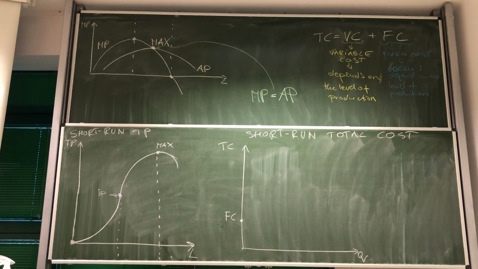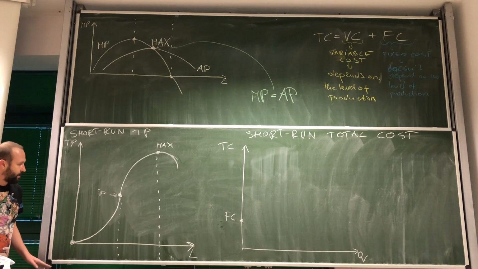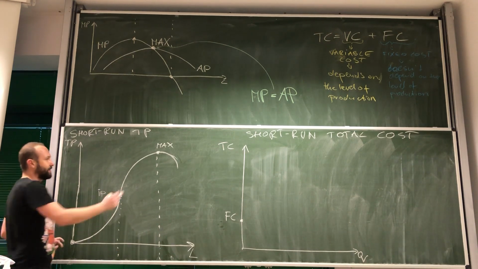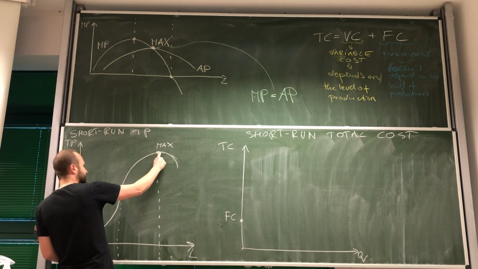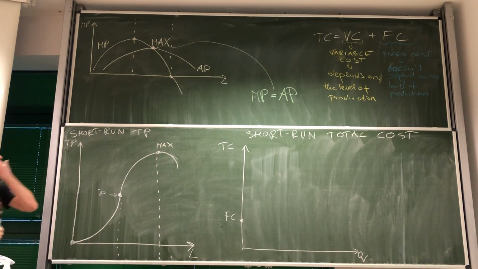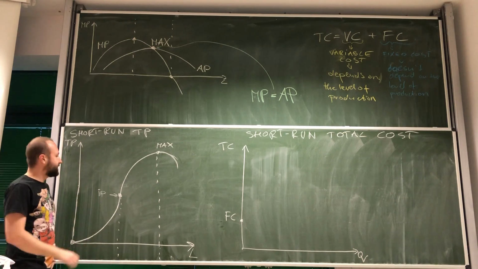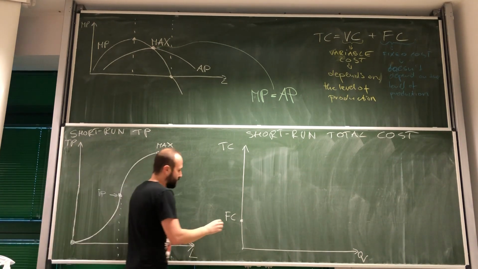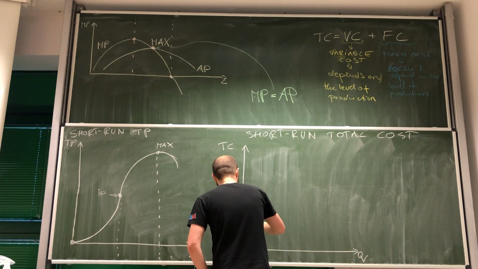And now, the rest of the function is going to look like this. It will be associated with this part of that short-run total product, but it will actually be an inverse function of this part. What does it mean? It's going to look like this.